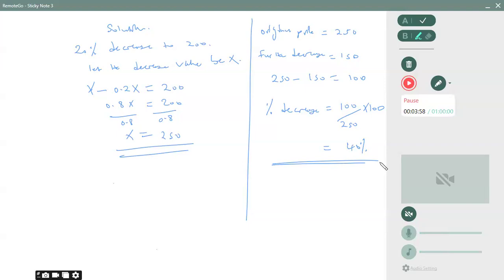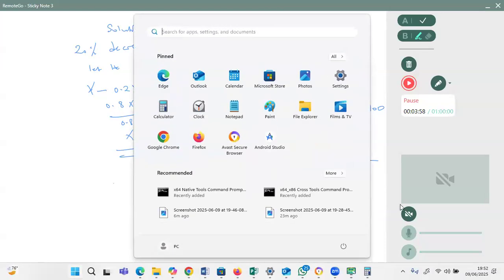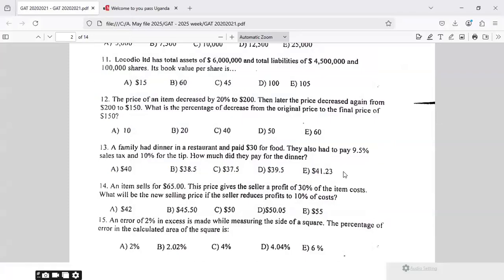All right. Now that you have captured that, let me also take you through question number 13. Question 13 is telling you that a family had dinner in a restaurant and paid $30 for food.